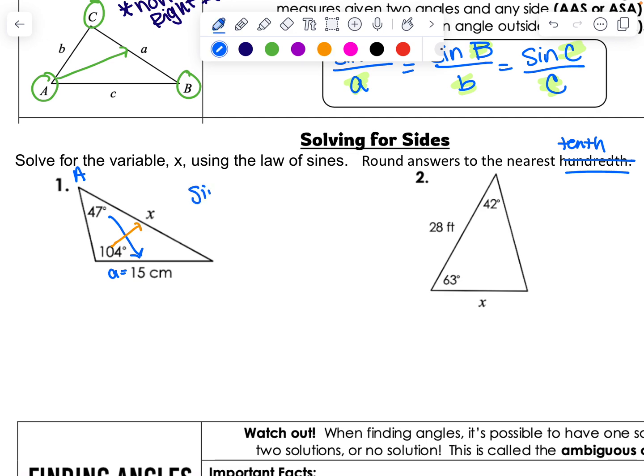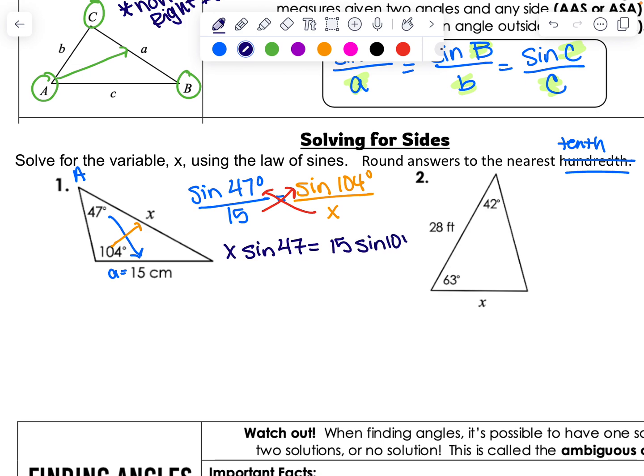So we can set the sine of 47 degrees over 15 equal to the sine of 104 degrees over x. Now that we've got this proportion, we can cross multiply and solve. So we get x times the sine of 47 equals 15 times the sine of 104, and then divide by the sine of 47 on both sides to get x by itself.